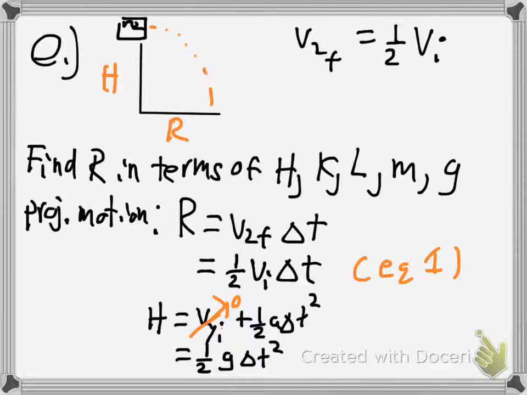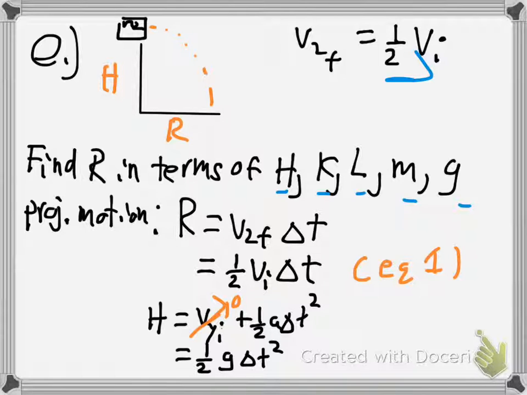The only thing that's semi-tricky about this is they want us to only use h, k, L, m, and g. Remember that we know that the velocity of block 2 after the collision is going to be 1/2 the initial velocity of block 1.